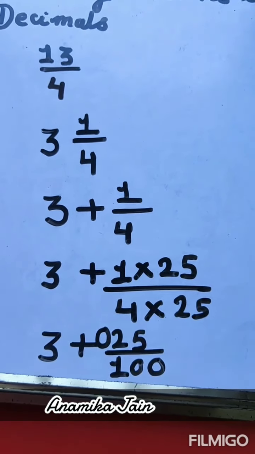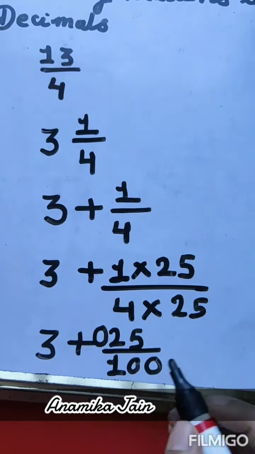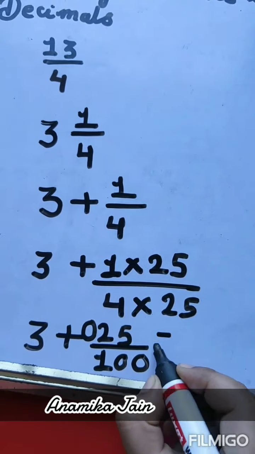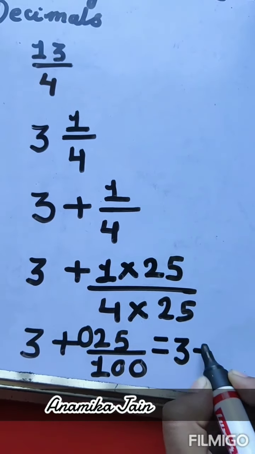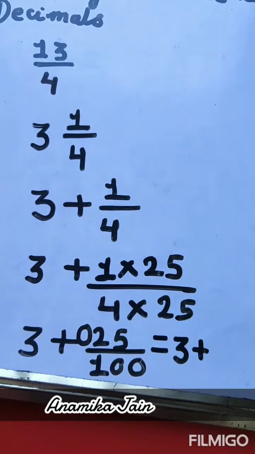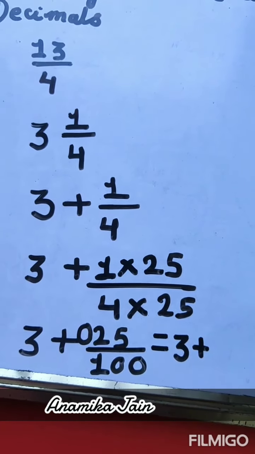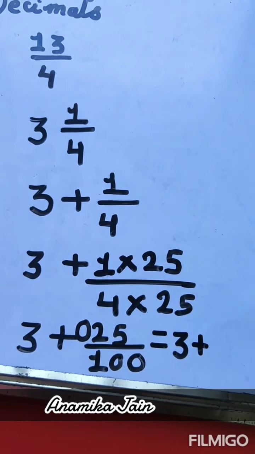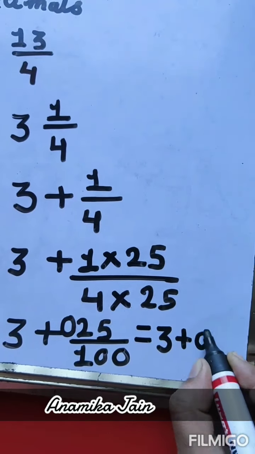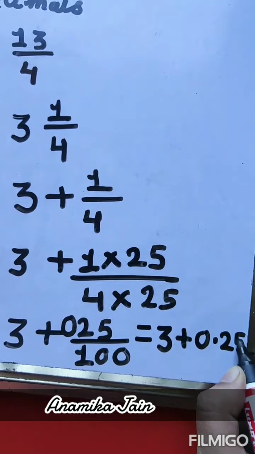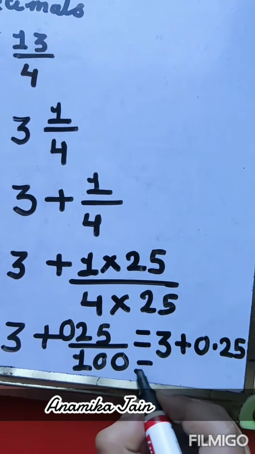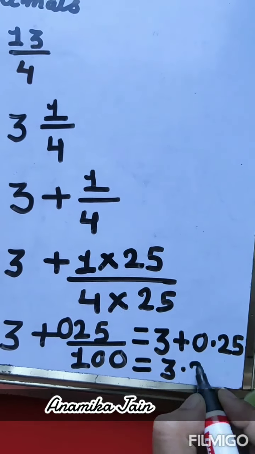Now we have to convert this into decimal form, so it will be 3 plus, we know that there are 2 zeros, so we will put a decimal point before 2 digits from the right-hand side, that is, we will write 0.25, and then we add them to get the answer, that will be 3.25.